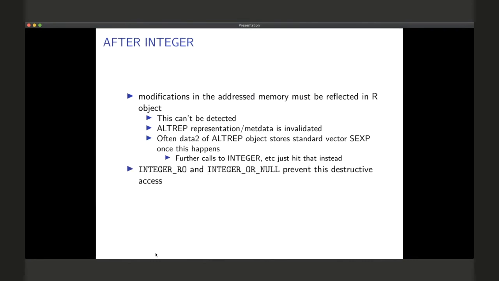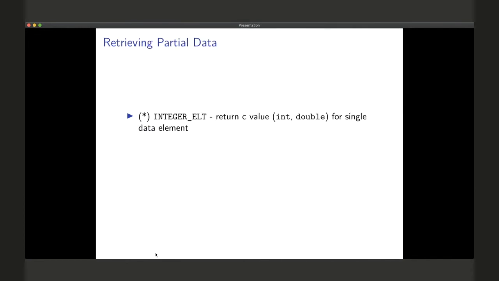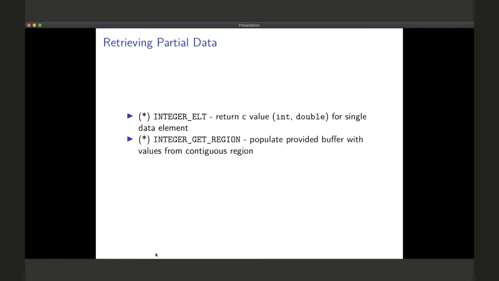But when you can, you should call integer RO or integer or null if you need the full data all at the same time. But you usually don't actually need the full data all at the same time, which means there are alternatives. You can call integer ELT, which will return the value for a single element, but that can be painfully slow inside a tight loop.